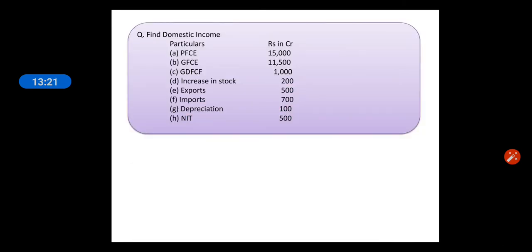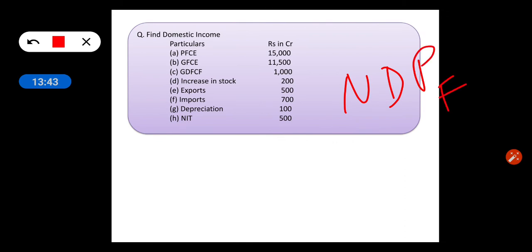Next question, you have to find domestic income. PFCE, GFCE, GDFCF, increase in stock, export, import, and depreciation are all given. Now it's a very easy one. What you have to find is domestic income, that is your NDP at FC.